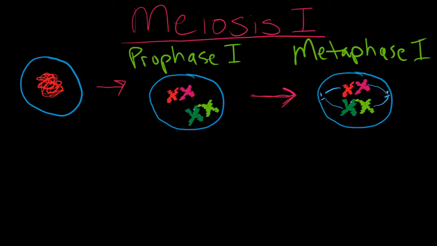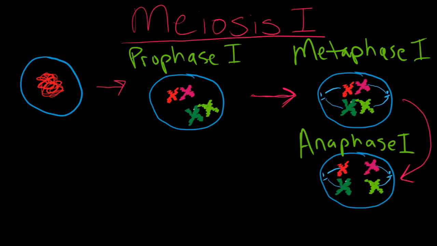They have lined up at the center of the cell as pairs still, which is a unique feature. From metaphase we go into anaphase, just like mitosis, but again it's a little different because we started off not with single-file chromosomes but paired up chromosomes, so those homologous pairs are going to separate in anaphase.